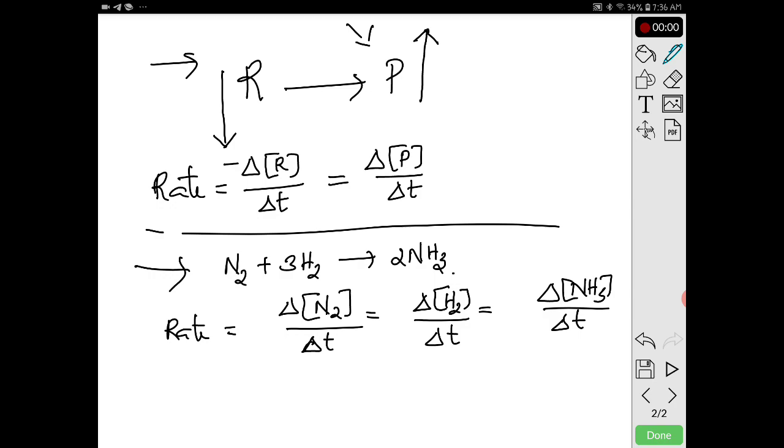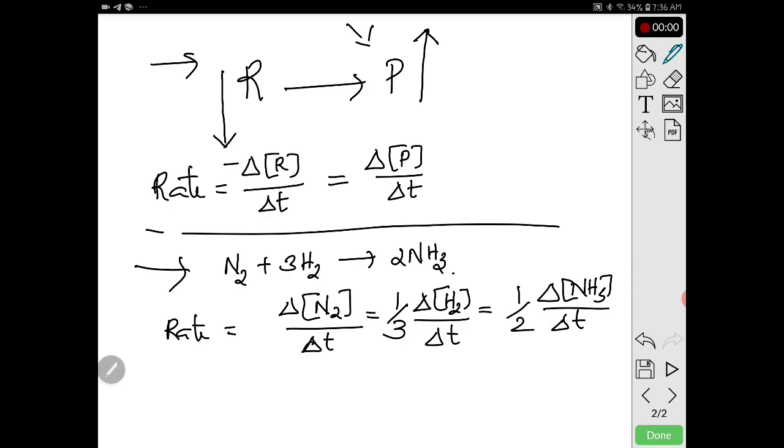So you can't equate the consumption of hydrogen with the consumption of nitrogen. In order to sort out this issue, we divide each term by its stoichiometric coefficient, and here it is 1 by 2.